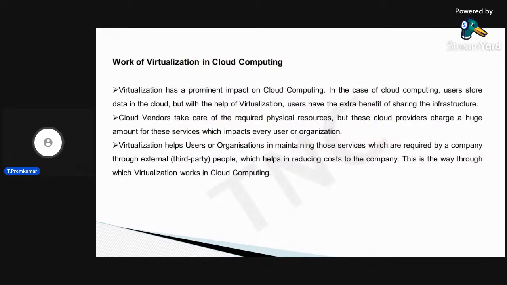The working of virtualization in cloud computing: virtualization has a prominent impact on cloud computing. In the case of cloud computing, the user stores the data in the cloud, but with the help of virtualization, the users have an extra benefit of sharing the infrastructures.